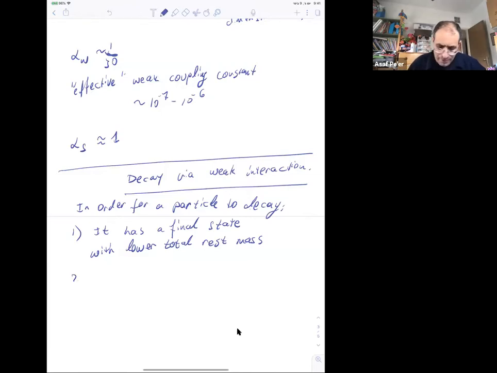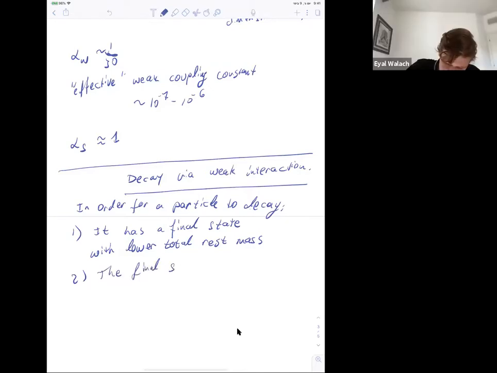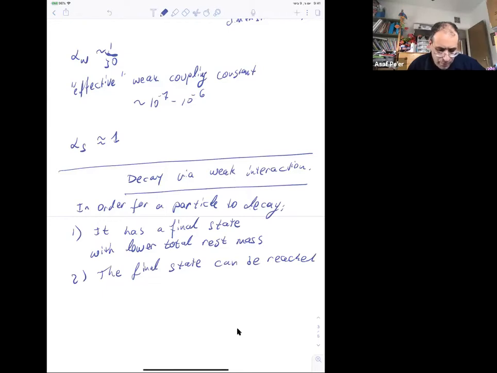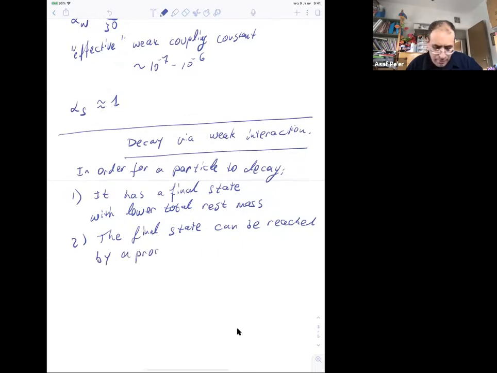So say that the final state can be reached by a process constructed from standard model vertices in Feynman diagrams.